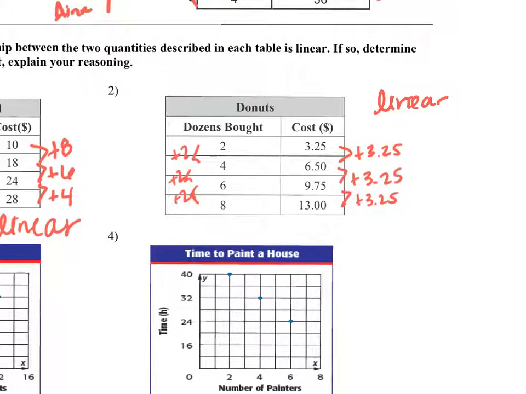And the constant rate of change is 325 divided by 2, which is 1.625. So it is linear, and that's the constant rate of change. I'm going to label it.